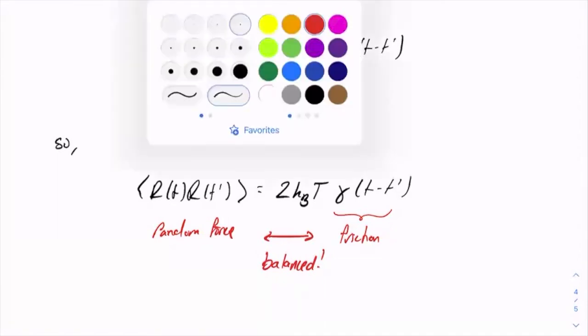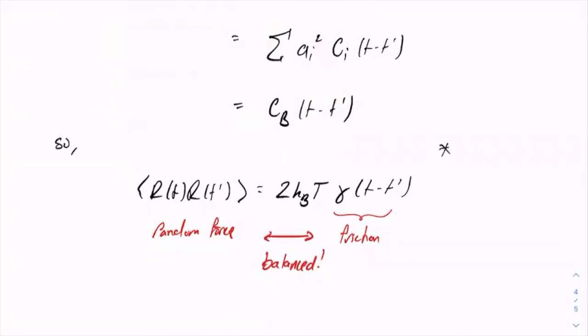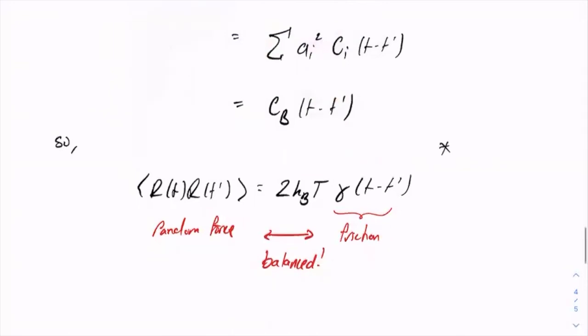And this result, this balancing, is often known as the second fluctuation dissipation theorem, as a microscopic manifestation of what we typically think of as a more macroscopic response relationship.